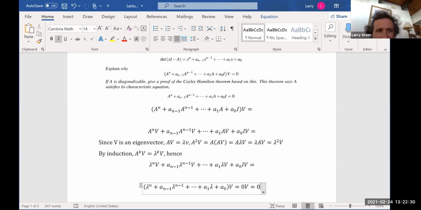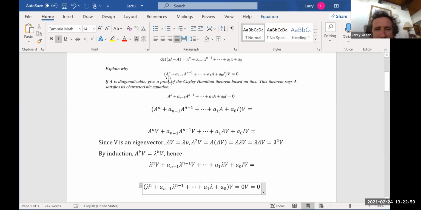Okay, so then if A is diagonalizable, give a proof of the Cayley-Hamilton theorem based on this. This theorem says A satisfies the characteristic equation. Okay, A to the n plus dot dot dot plus A naught I equals 0. All right, so we know that A is diagonalizable, right?